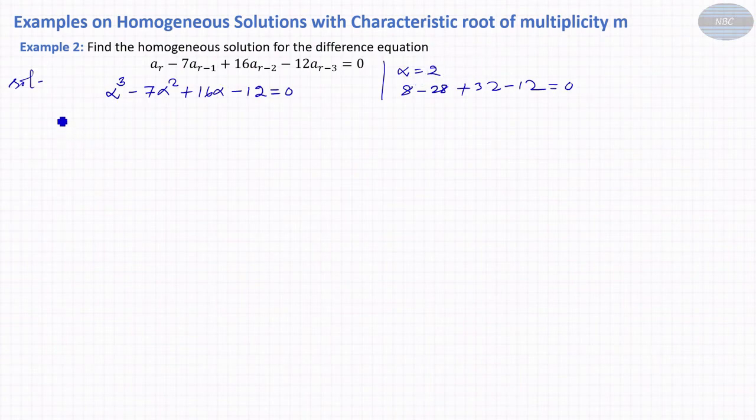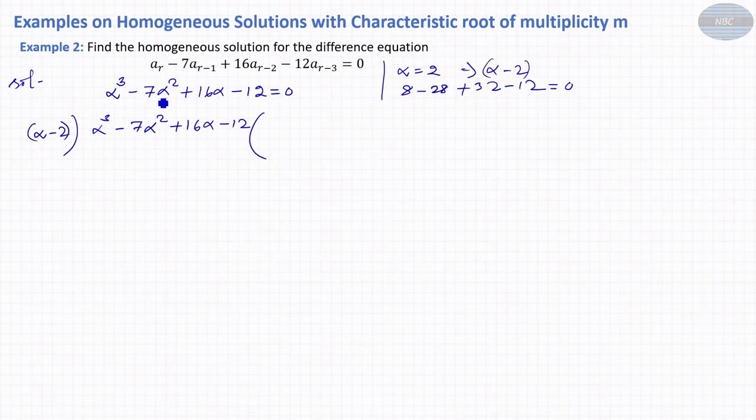So to find out another root, we'll just divide it. Alpha cube minus 7 alpha square plus 16 alpha minus 12, we'll just divide by alpha minus 2. It is because alpha minus 2 is a factor of the left hand side of this equation.